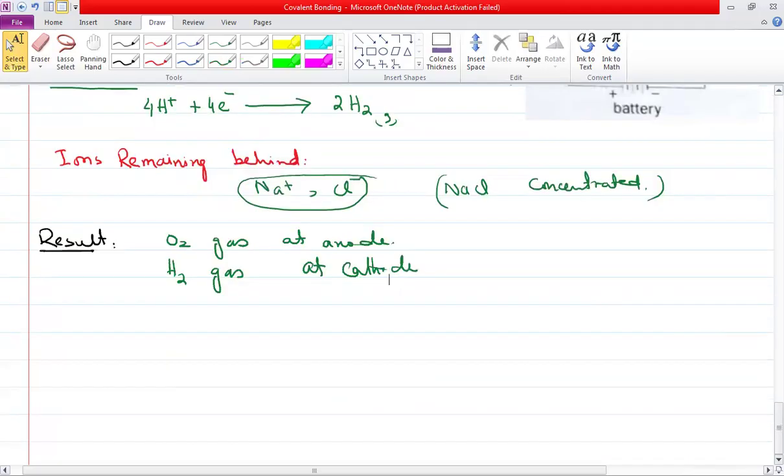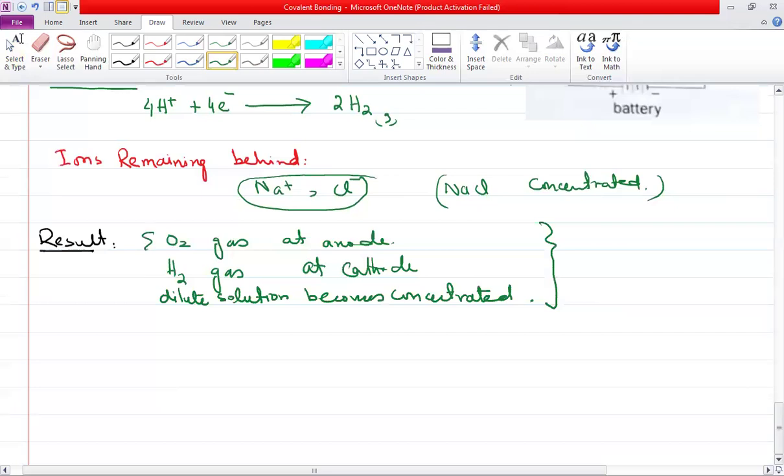And our dilute solution becomes concentrated. So whenever we have electrolysis of a dilute solution, all the time we have these three results: oxygen and hydrogen gases at the two electrodes, and the dilute solution becomes concentrated.